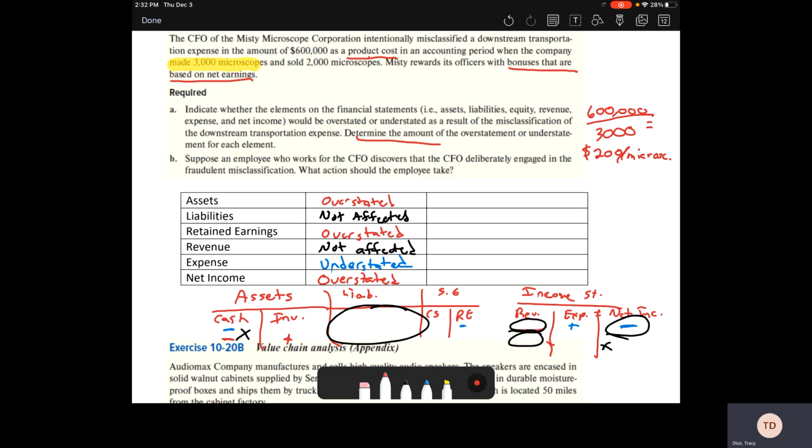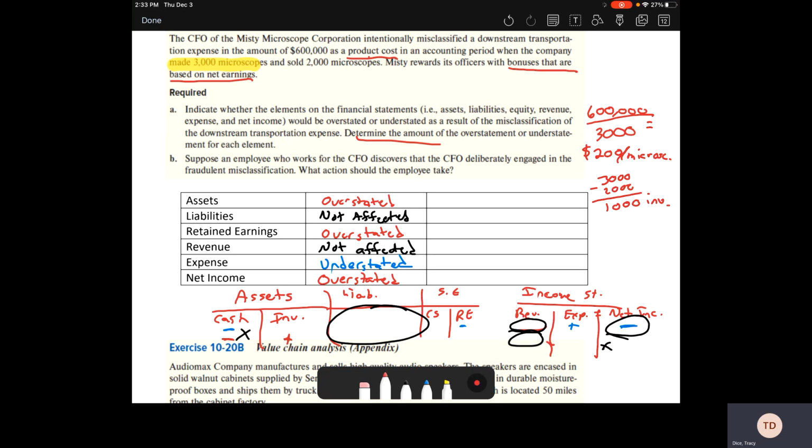Since we sold 2,000 of those microscopes, we need to figure out what's left in inventory. We made 3,000 and sold 2,000, so we have 1,000 left in inventory. So of that $600,000 that was misclassified, how much of it is still left in inventory?